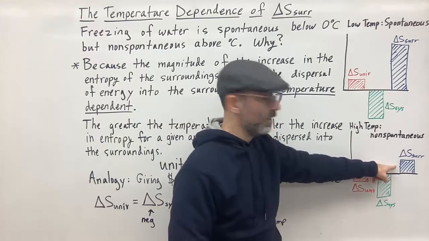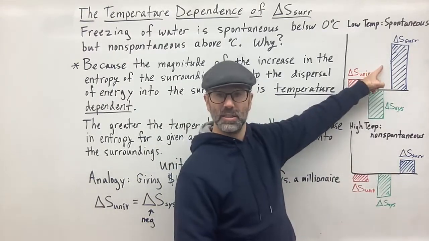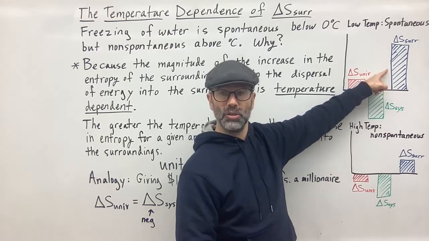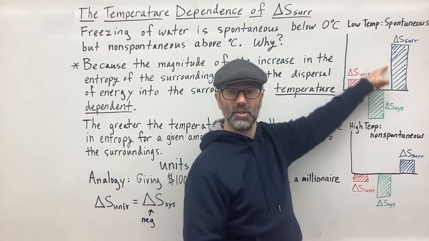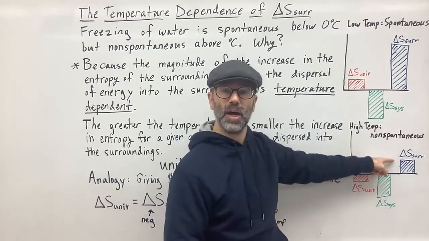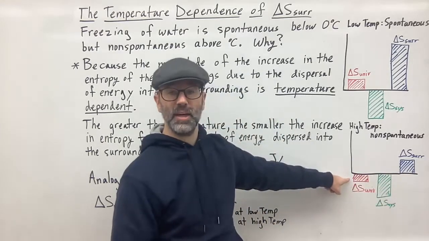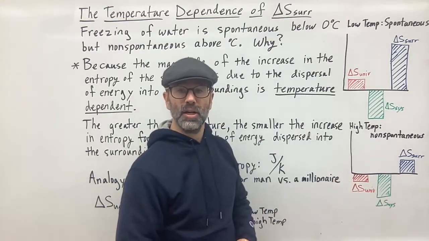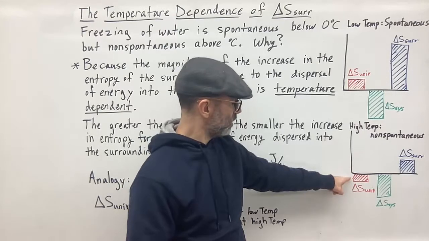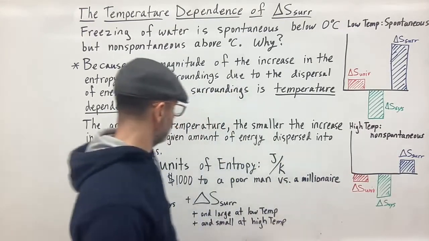At low temperature, the entropy of the surroundings is large; at high temperature, not so much. So adding these together will give you a decrease in the entropy of the universe, and therefore that's not going to be spontaneous.